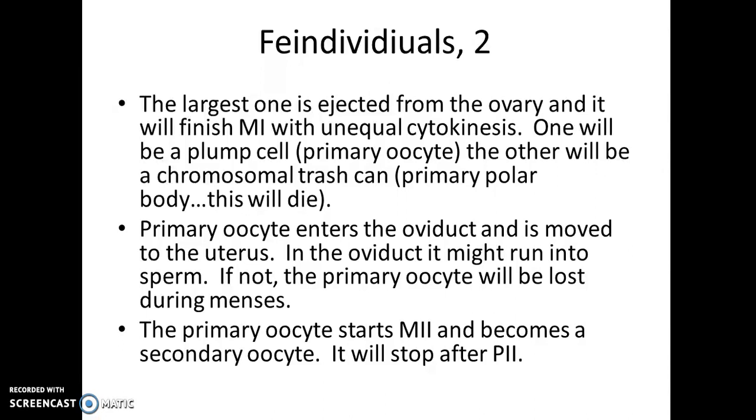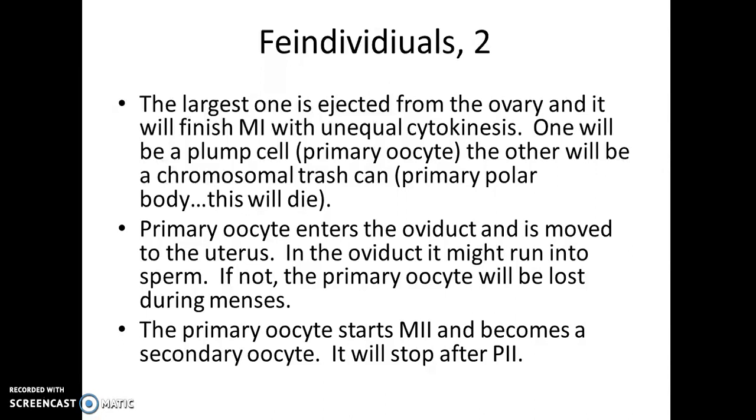You have one big plump cell, and that's a primary oocyte, and the other one is a really tiny cell. It's basically a chromosomal trash can. That's called the primary polar body, and eventually the primary polar body will die.